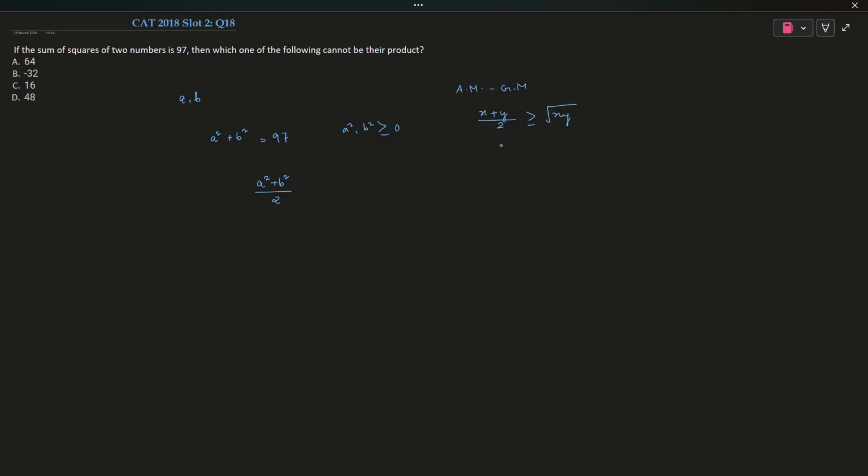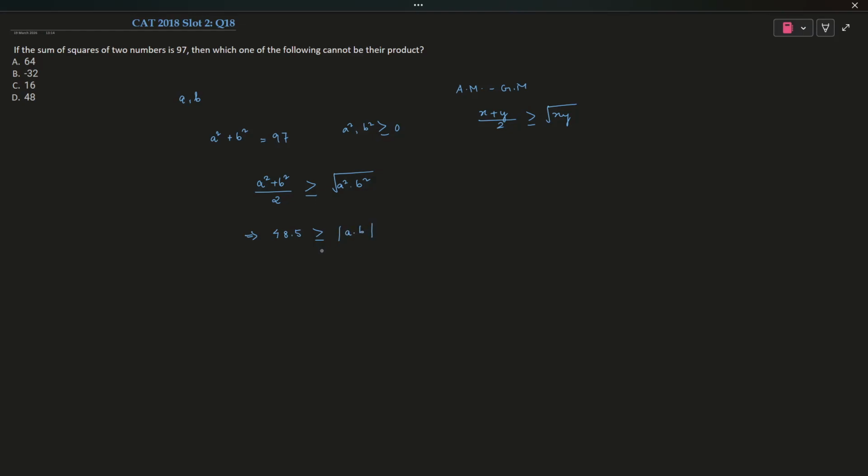Now guys, applying the same property here, the numbers are a square and b square. I am able to apply this because a square and b square are non-negative. 97 by 2 is 48.5, which is greater than or equal to, now this will come out to be mod of a into b.